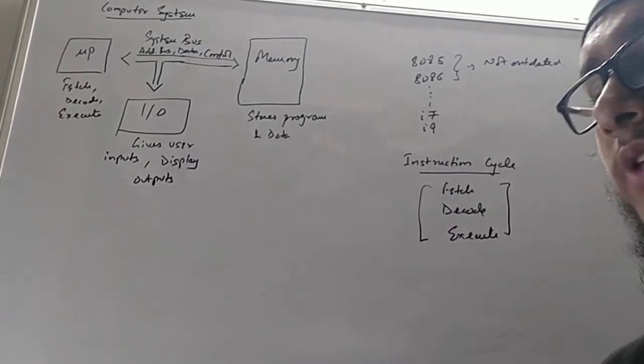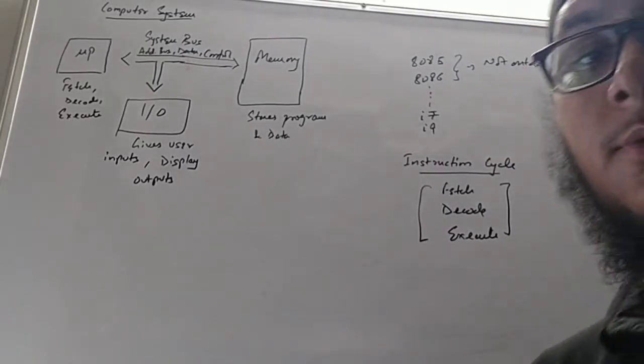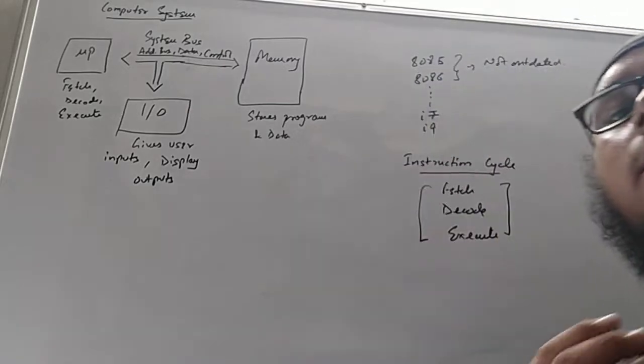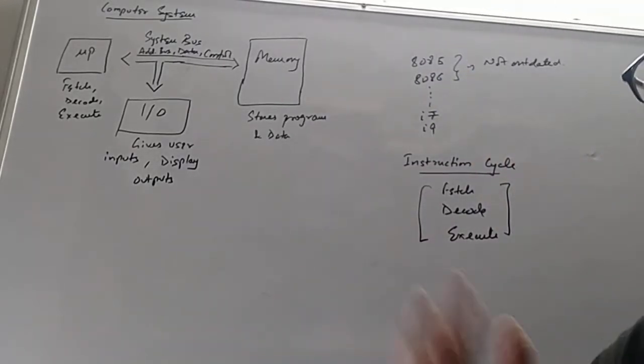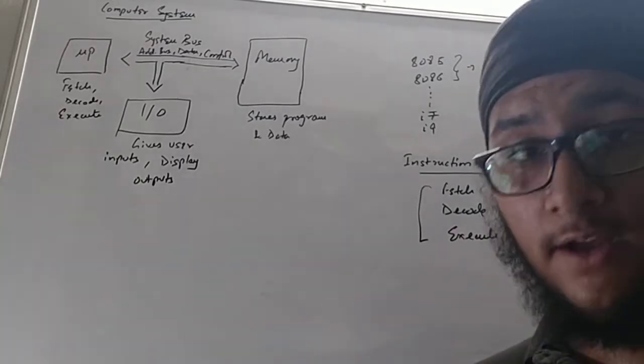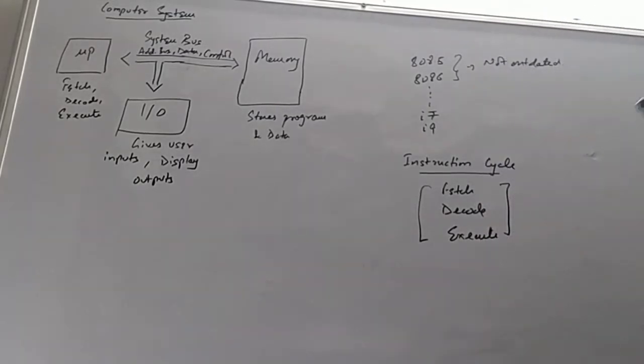Fine. So this entire process of fetching, decoding, and execution is known as instruction cycle. Now the process is repeated for the next instruction, one by one. All the instructions of a program are executed.